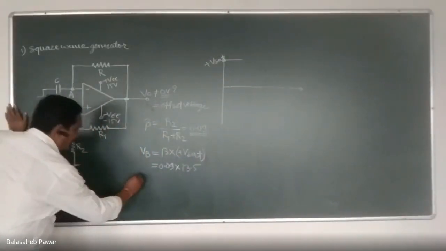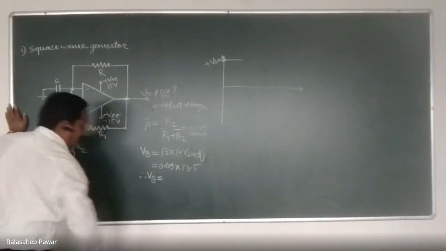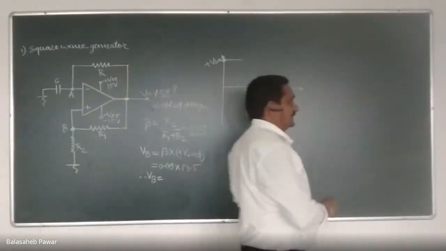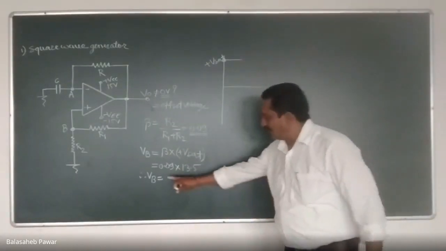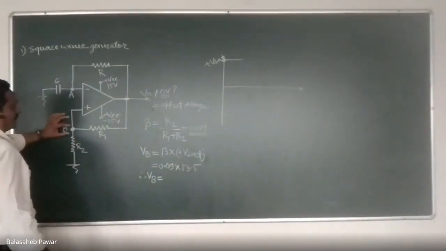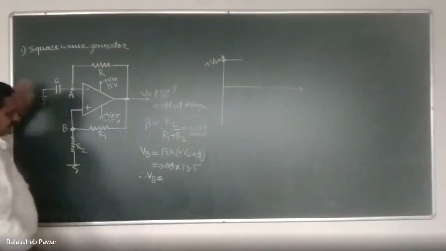And hence VB equals, calculate it, 0.09 times 13.5. This will be my node voltage, the voltage available at the non-inverting terminal when the output gets switched to plus Vsat. 1.215. How much? 1.215.